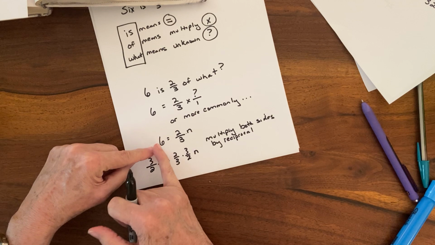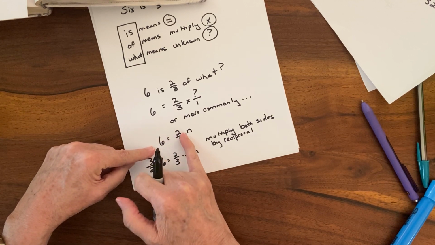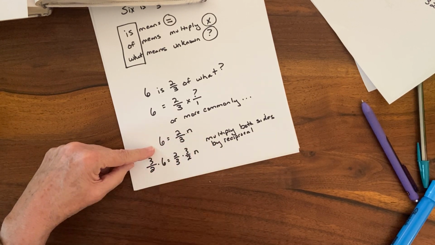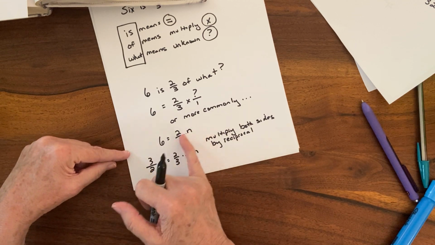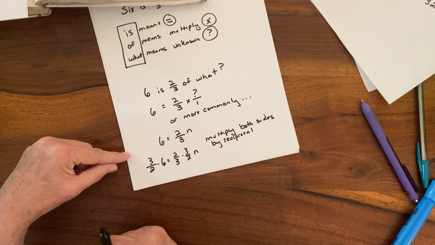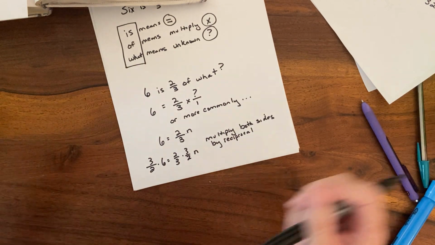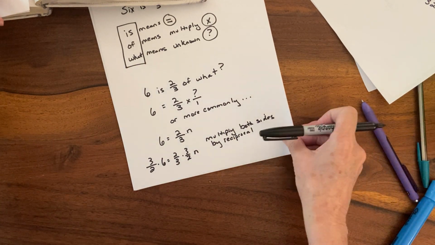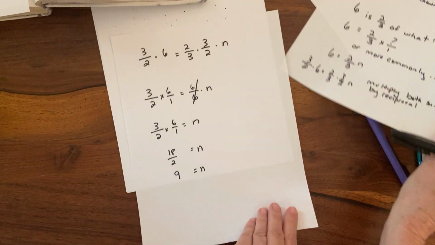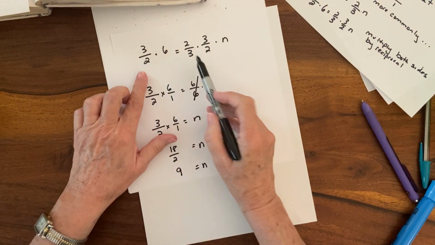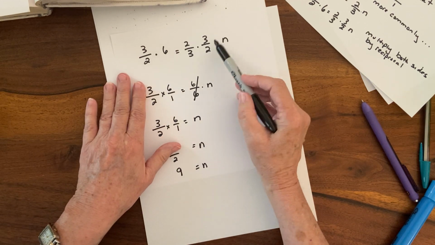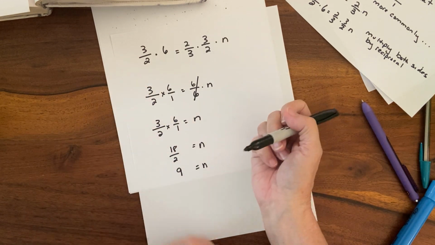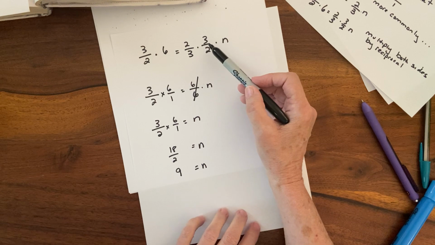So I'm going to say 6 is 2/3 of an unknown n. I want to get rid of whatever's attached to the n, right? I want to say n equals my answer. So to do that, I want to somehow turn whatever's attached to the n into 1. So I'm going to multiply by the reciprocal.